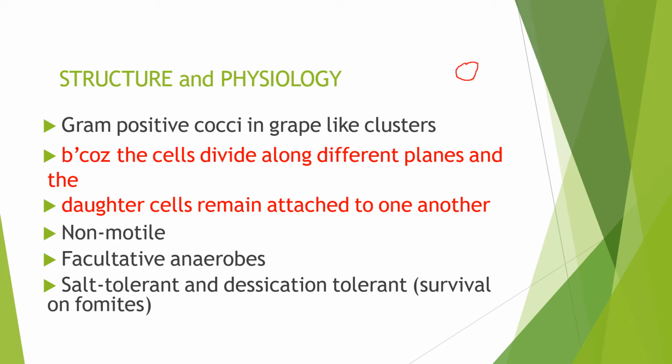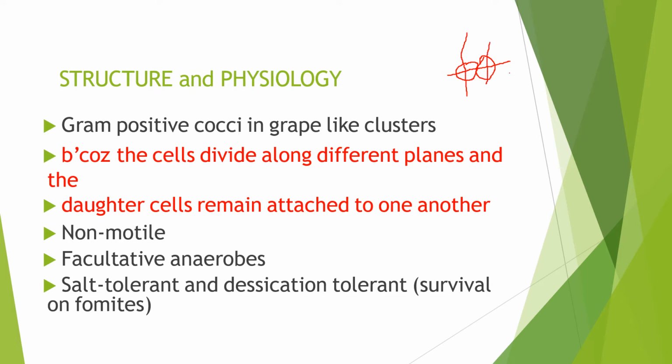Consider these round staphylococci. The cells divide along different planes and the daughter cells remain attached. So these are two staphylococci, and its division takes place like this. Okay, different planes.